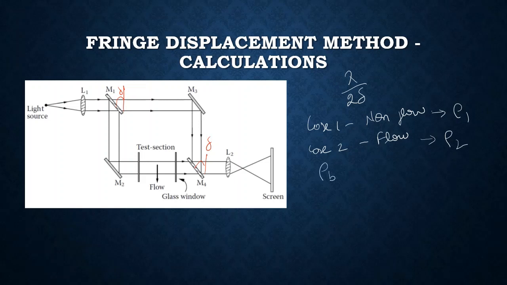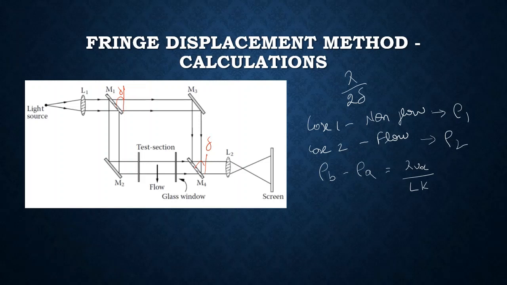That is, we have the previous relation. When two adjacent fringes are there, the density difference between two fringes will be equal to lambda vacuum by Lk. We have derived it for the interferometer. We have quantitatively derived and evaluated it for the interferometer.